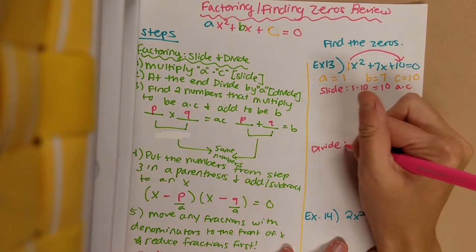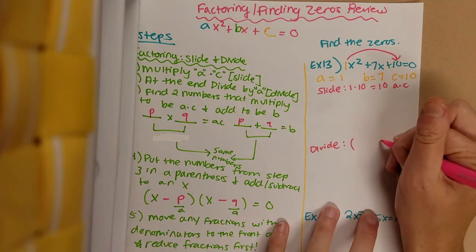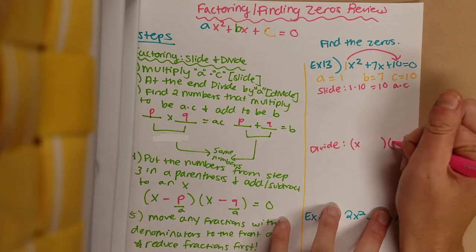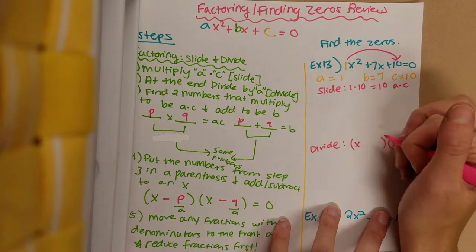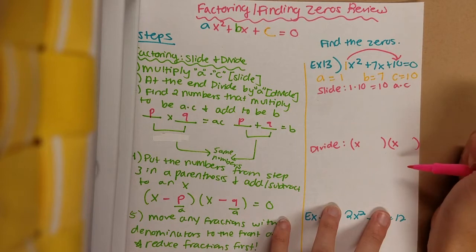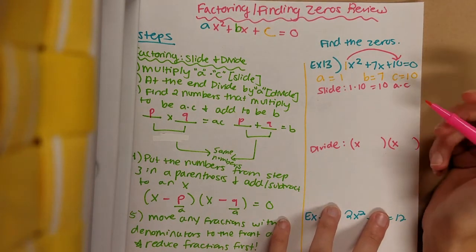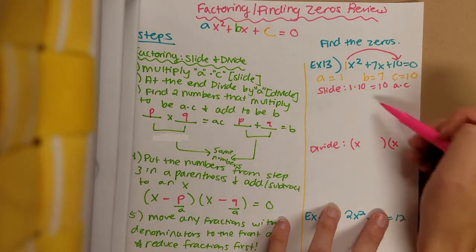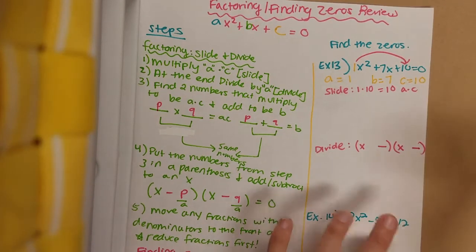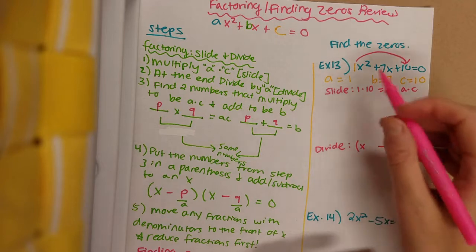At the very end, we're going to have 2 parentheses with x's in them, and we will be adding or subtracting values to our x's. So our final answer will look like this. Whatever we get in here, we're going to be writing in our parentheses and dividing those numbers by the A value.